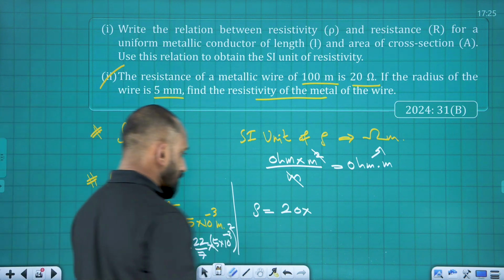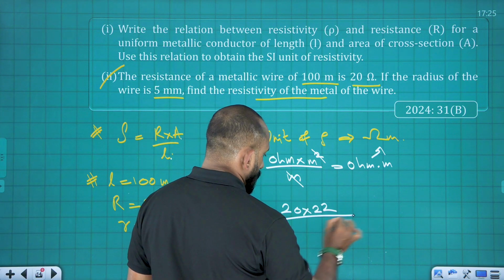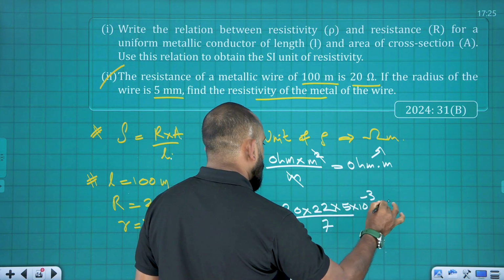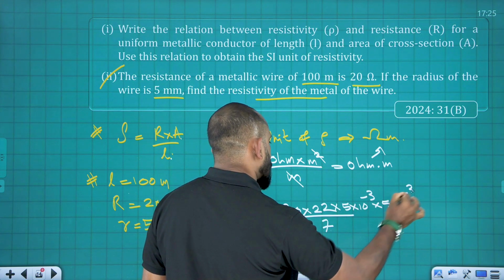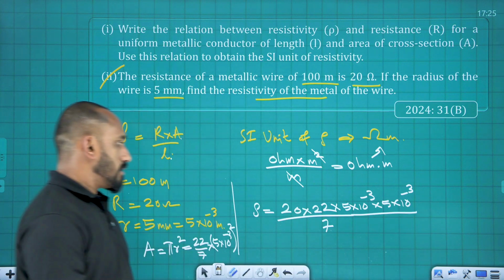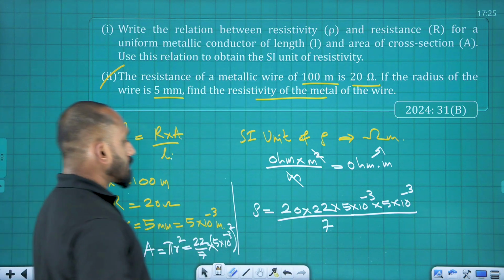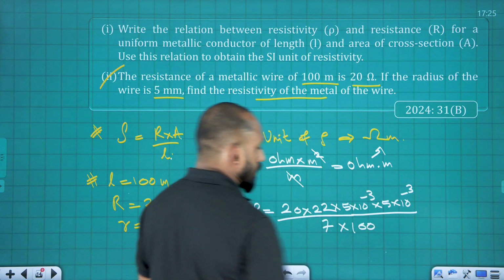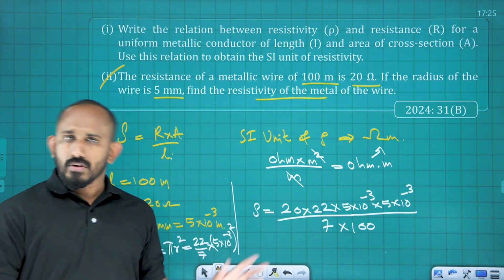So, it will be 22 by 7 into 5 into 10 raised to minus 3 into 5 into 10 raised to minus 3, divided by L. What is length? Length is given 100 meter, so into 100.